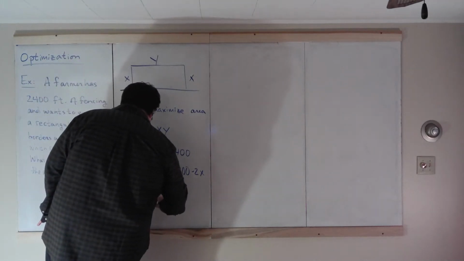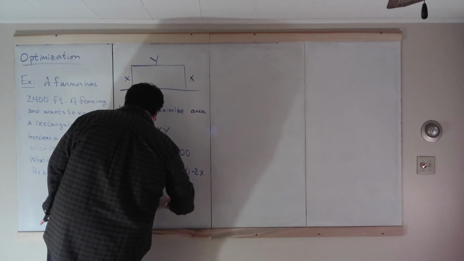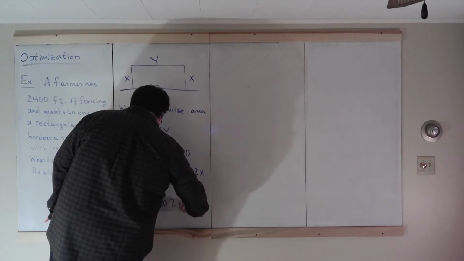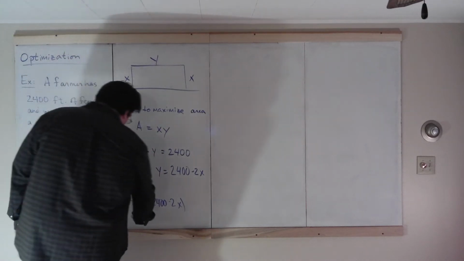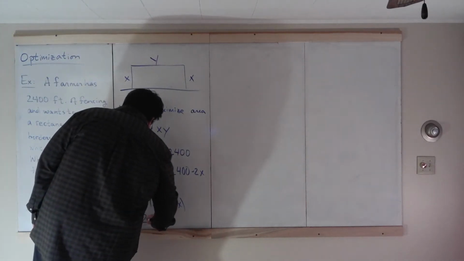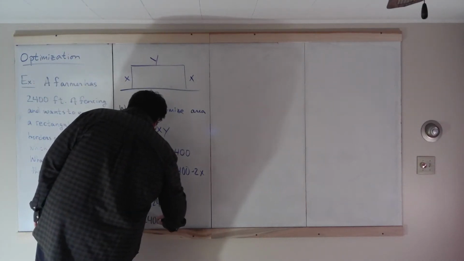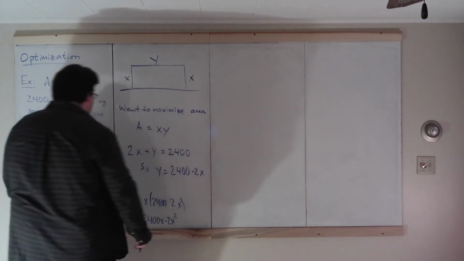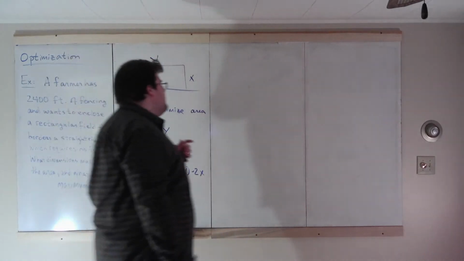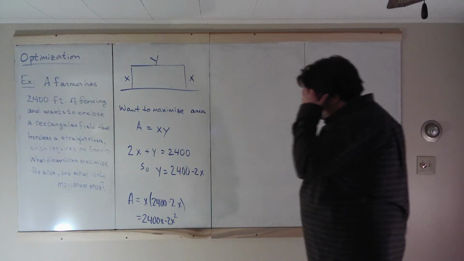Area is x times 2,400 minus 2x. And I'm just going to distribute that x. 2,400x minus 2x squared.